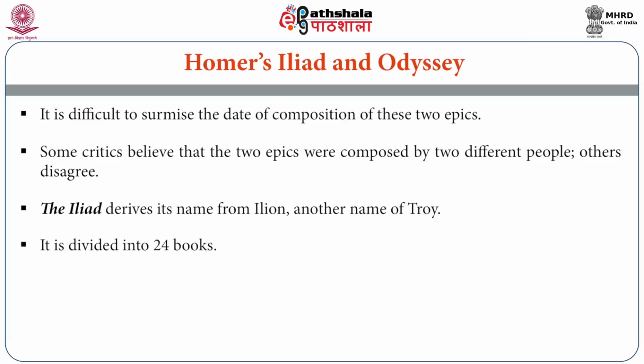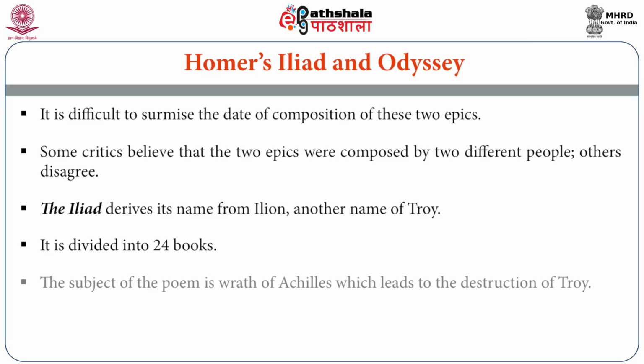Look into the magnanimity and the vast corpus of an epic poem. Iliad comprises 24 books. The subject of the poem is the wrath of Achilles, which leads to the destruction of Troy.